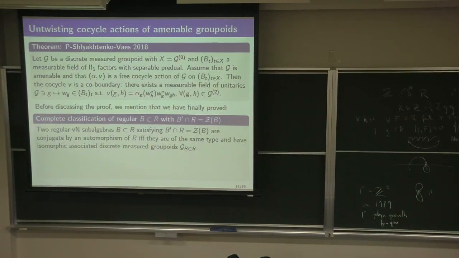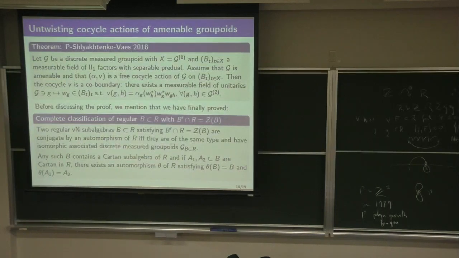So this is what was missing after Sutherland-Takesaki: this vanishing cohomology. Remember, this was the missing piece. So we have that, and therefore we have all this classification.